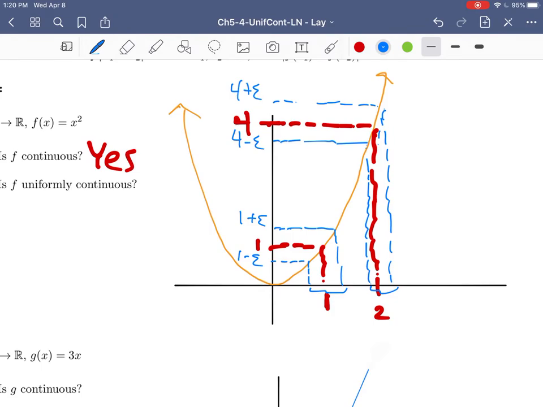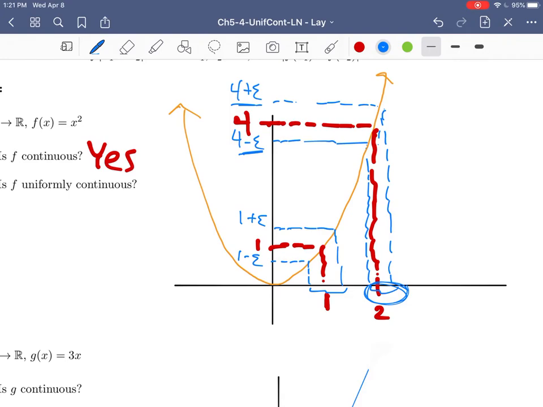In order to ensure that our function is within epsilon units when we're up here, we have to make the distance between these x values much tighter. And in fact, as this function continues to grow, to ensure that the function values are within epsilon units of each other, we're going to have to continue to make the distance between the x values tighter and tighter and tighter.